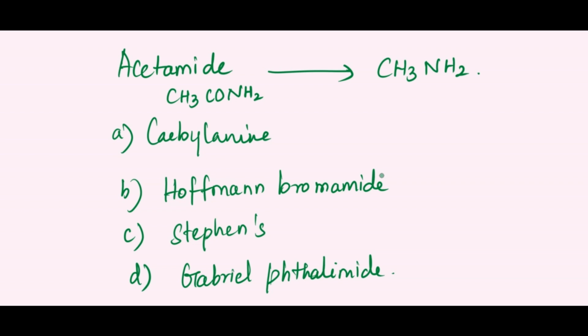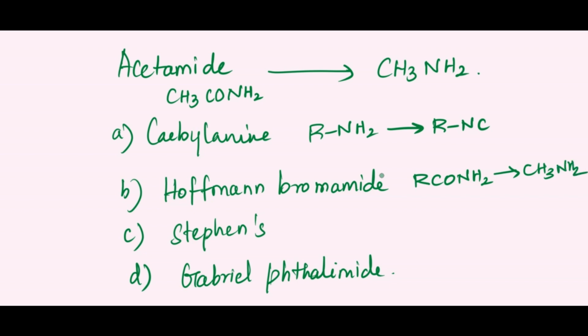Carbylamine is from primary amine to RNC, and Hofmann bromamide is amide to amine. Stephen is different.